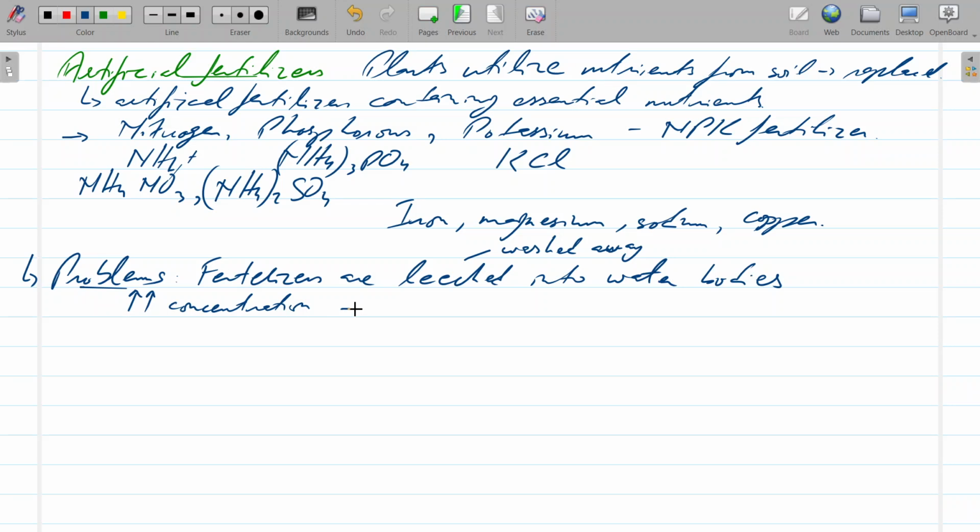And what that does is it promotes rapid growth of algae.